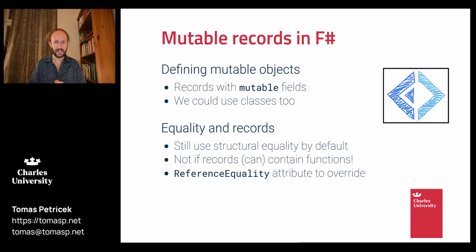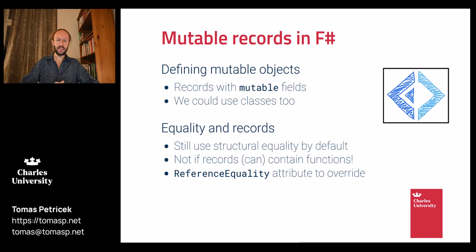An interesting thing is that even if you have a mutable record, by default, they're still using structural equality. So if you compare two records, the F# system will compare their values. But this doesn't work if your records are containing something of a type that's not comparable.